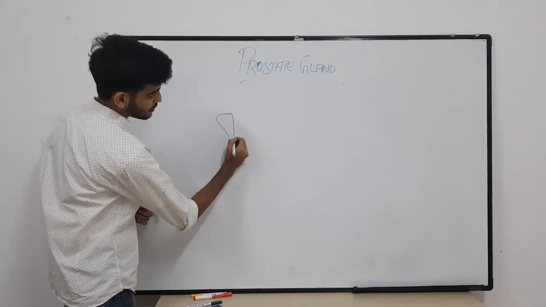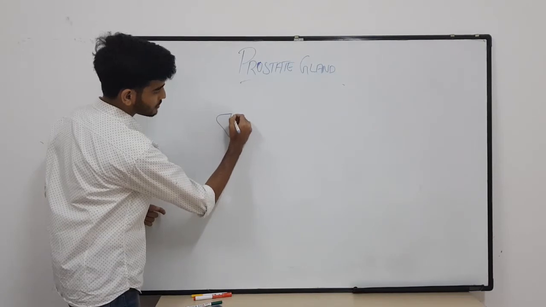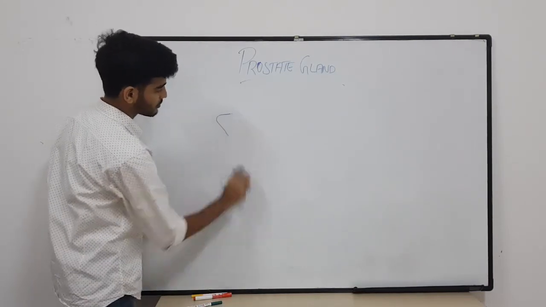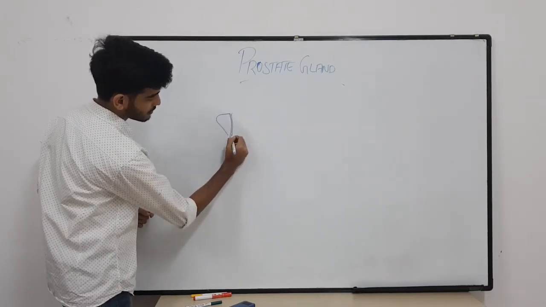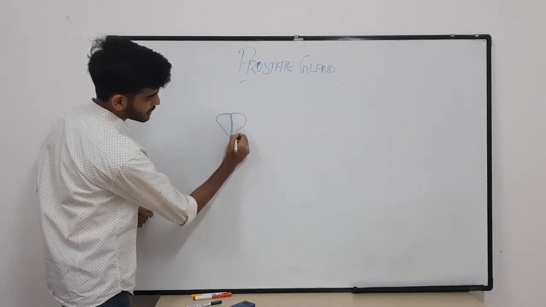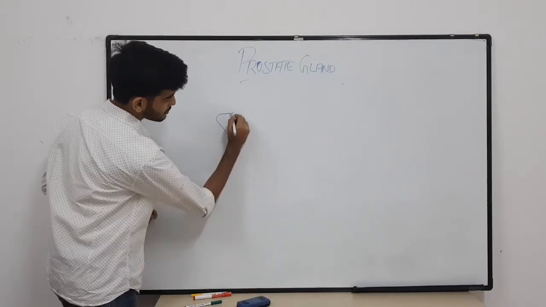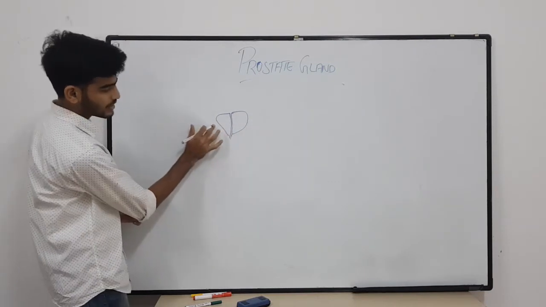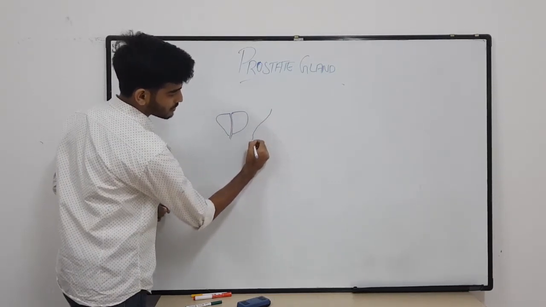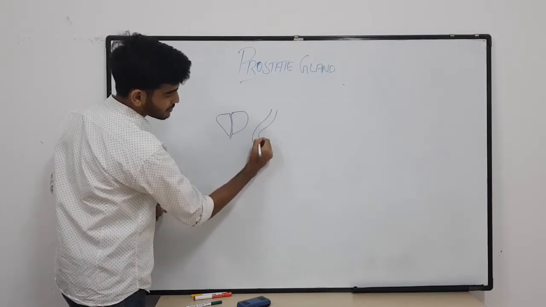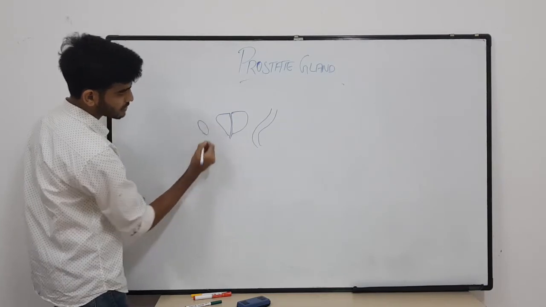Now this is the side view in the sagittal section. This is the prostatic urethra, and this is the prostate gland. This is the anterior surface, this is the posterior surface, this is the rectum, and here we have the pubic symphysis.